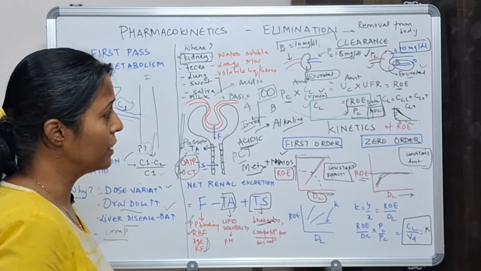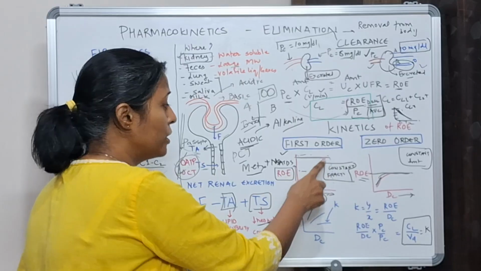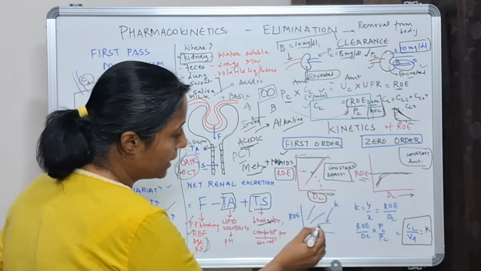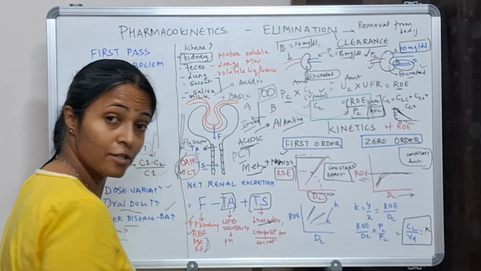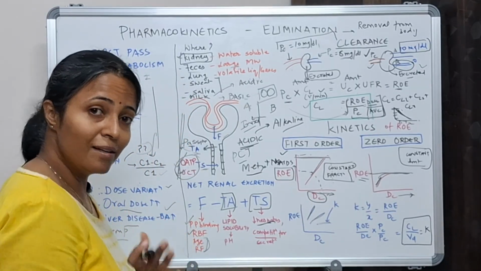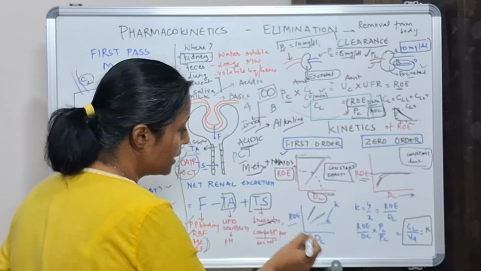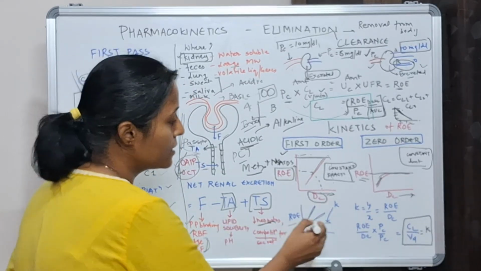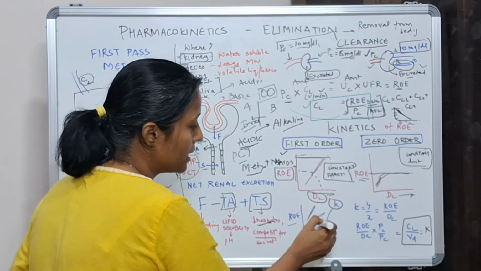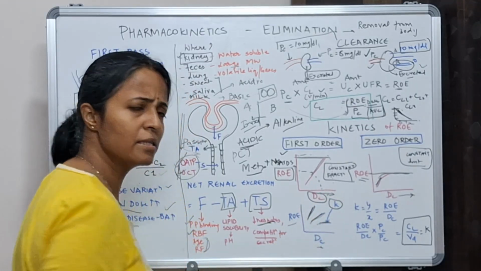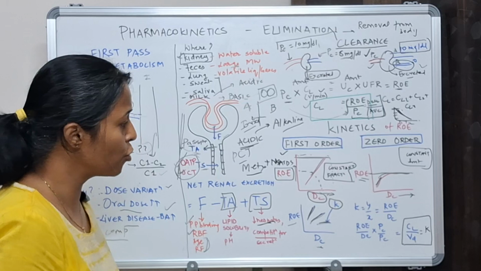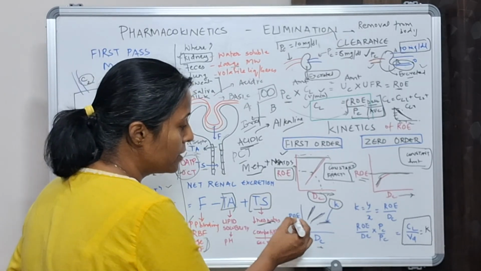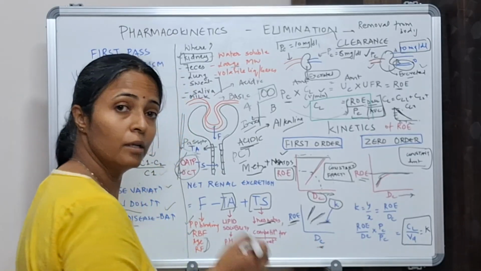Now, I have drawn this line as a straight line, but this straight line can be like this, all are straight lines, isn't it? But the relationship between the rate of elimination and drug concentration is changing, and this is determined by the slope of this line, that is known as the K. And simple mathematics, how do you determine the slope of any graph like this? Simply divide whatever is present on the y-axis by the x-axis.